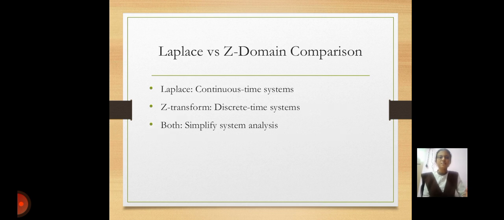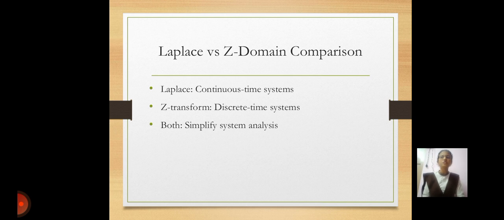Next is the Laplace and Z domain comparison. Laplace is used for continuous time signals, whereas Z transforms are used for discrete time signals. Both simplify the system analysis. In continuous time signals, we use Laplace transforms. In digital systems, we use Z transforms.